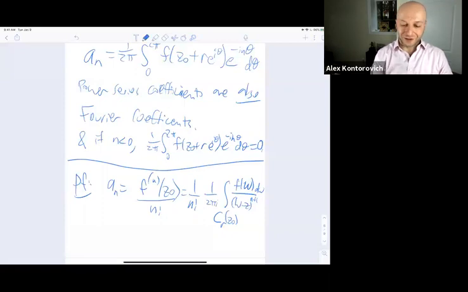And there's a factor of n factorial. You remember this formula? Okay, the n factorials cancel.